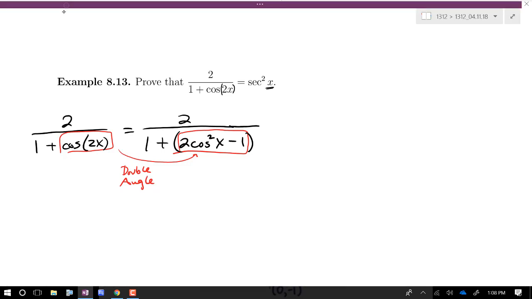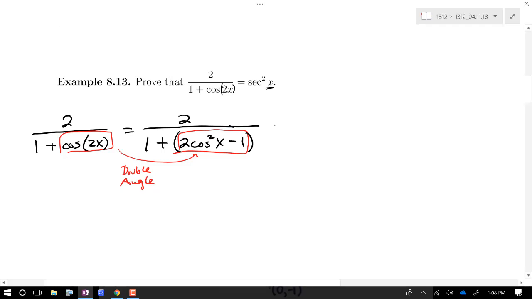What can we do now? Could we combine the terms? Mm-hmm. What would we end up with? 2 over 2 cosine squared x.